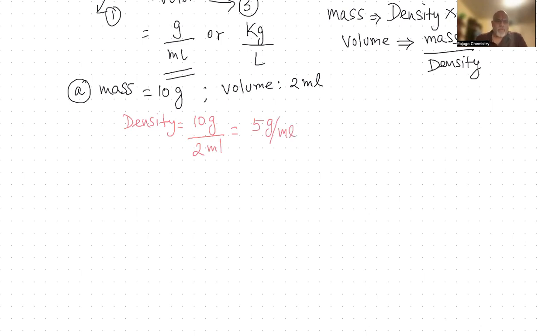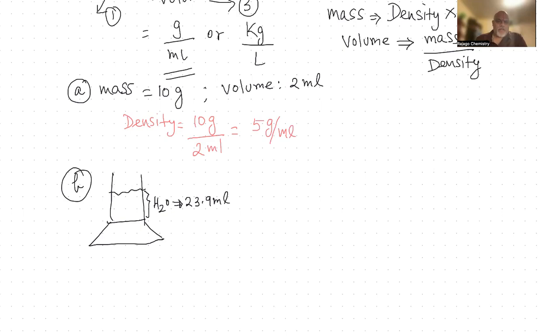If the question is asking, you have a volumetric cylinder, and initially you have some water. The amount of water that you have initially is 23.9 ml.